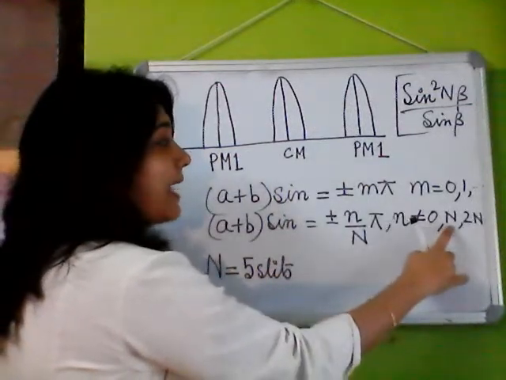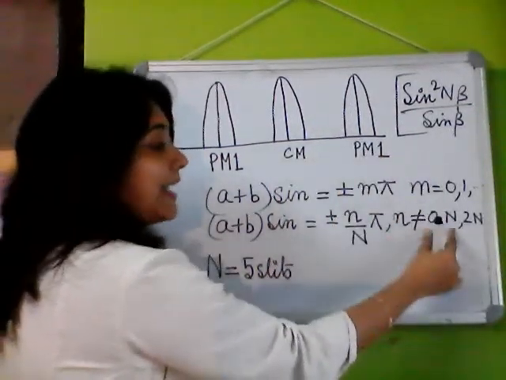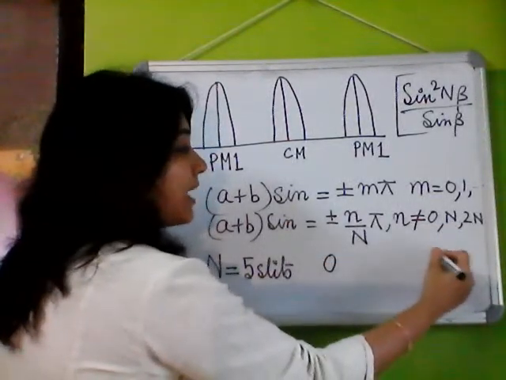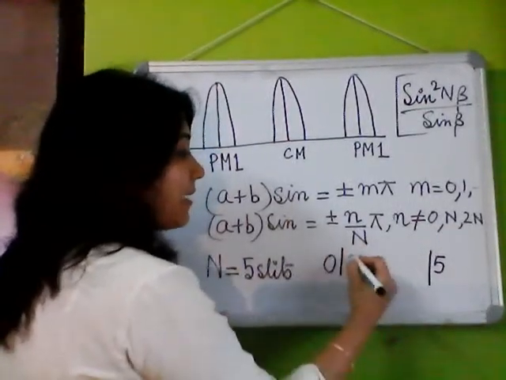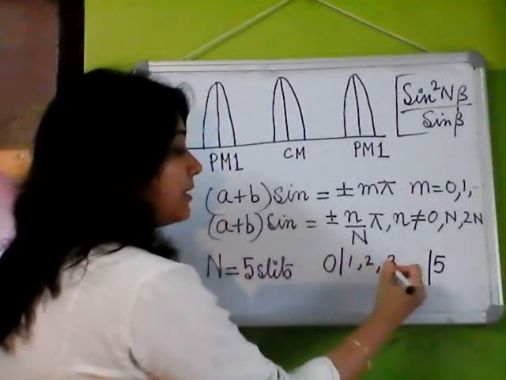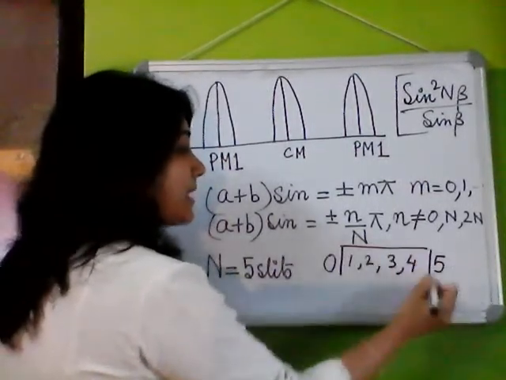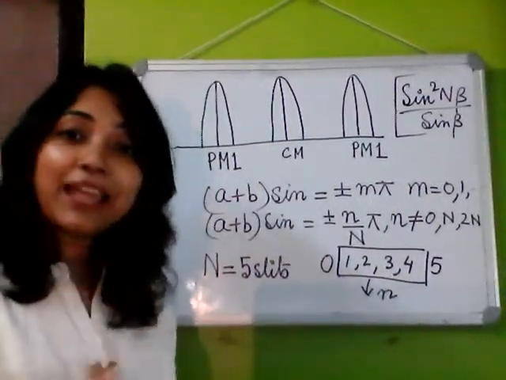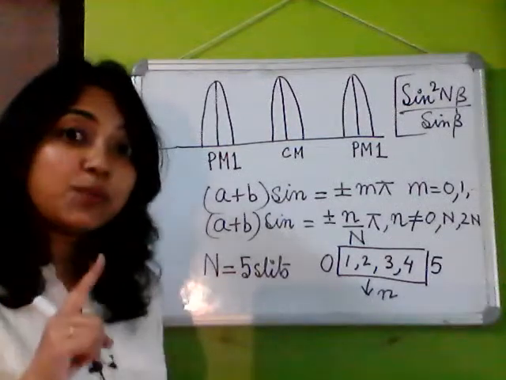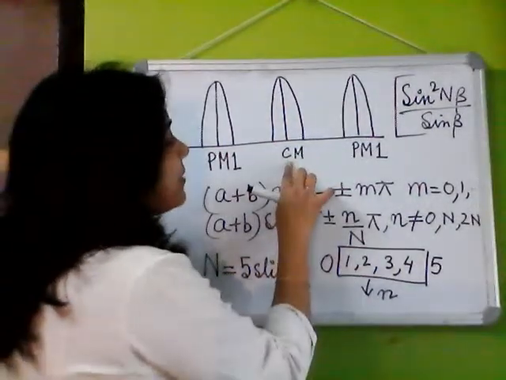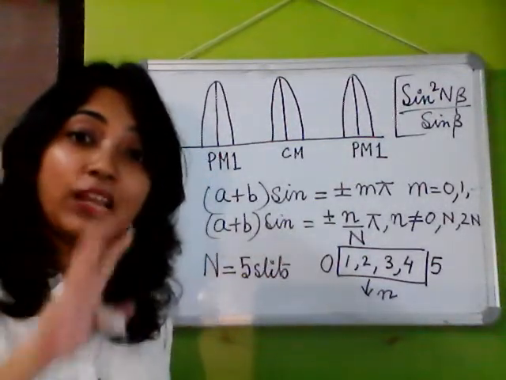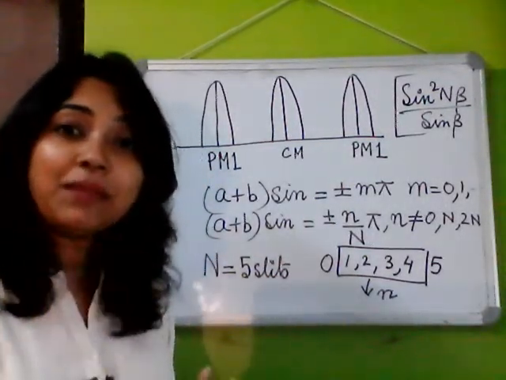N is equal to n is my PM1. And in between 0 and n, in between 0 to 5, what are the allowed values of minima? 1, 2, 3 and 4. These values of n are only allowed to get my minima conditions, which means in between the central maxima and the primary maxima, I must be getting 4 values of minimas.